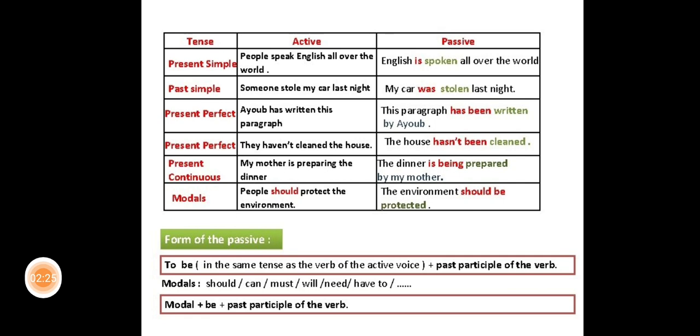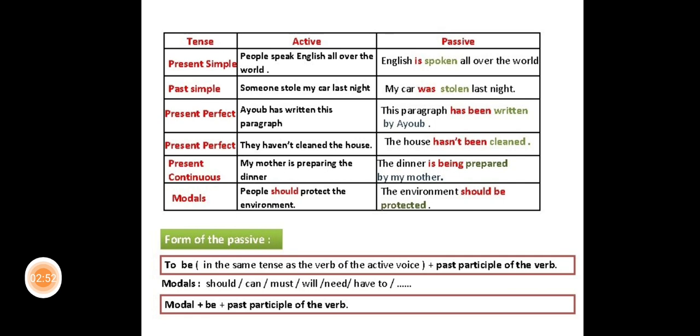The basic tenses include present simple, the past, present perfect, the past perfect, and present continuous. Also, we have past continuous, future. So we have the tense, the active form, and then we have the passive form. Look at the kind of change we introduced to these sentences.